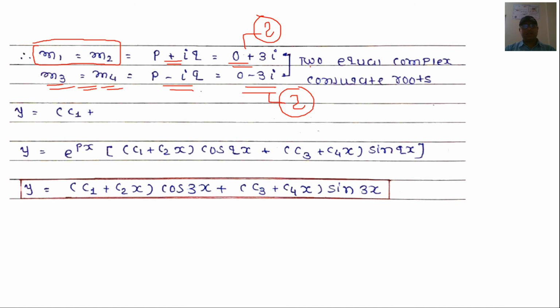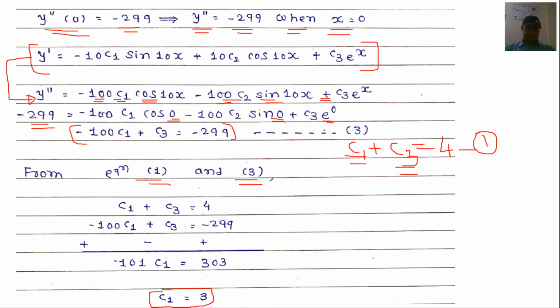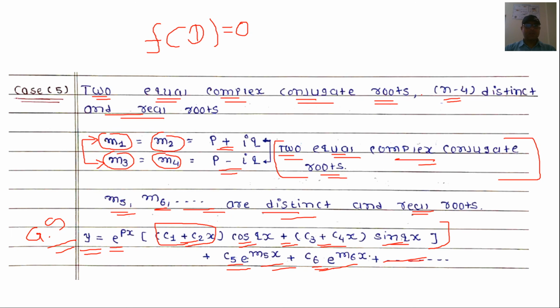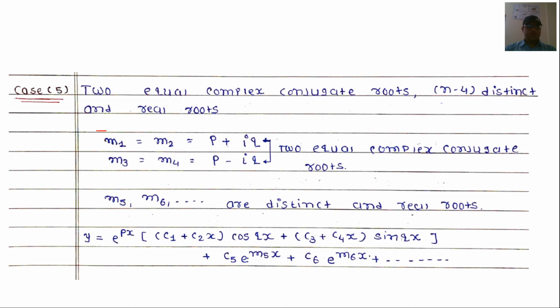So here you can observe that there are two equal complex conjugate roots, that means it is case number 5. So as we have discussed in case number 5, suppose we have m1 is equal to m2 is equal to p plus iq, 2 times, and m3 is equal to m4 is equal to p minus iq, also 2 times.